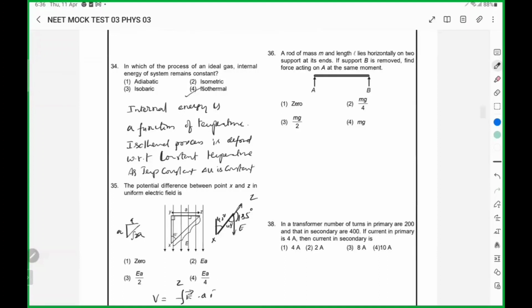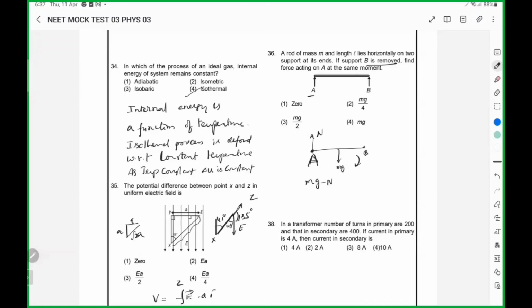Here a metal rod of mass M and length L rests horizontally on two supports at its ends. If support B is removed, the weight acts through the center of mass. Because of this, it rotates in the clockwise direction. Once support B is removed, there will be force only on A. So here there is a normal reaction.